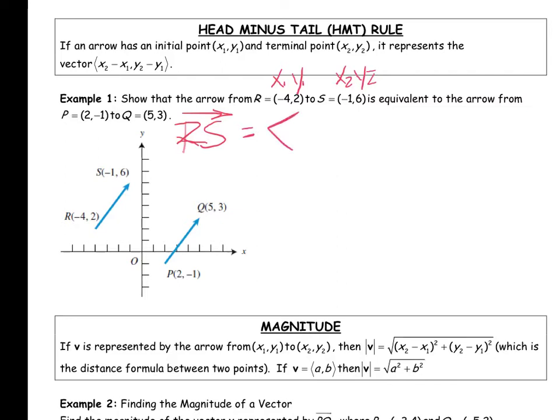So I'm going to subtract x2 minus x1, and y2 minus y1, and see what that simplifies to. Negative 1 minus a negative 4 is the same thing as negative 1 plus 4, which is 3. And 6 minus 2 is 4. So this arrow RS represents the vector 3, 4.